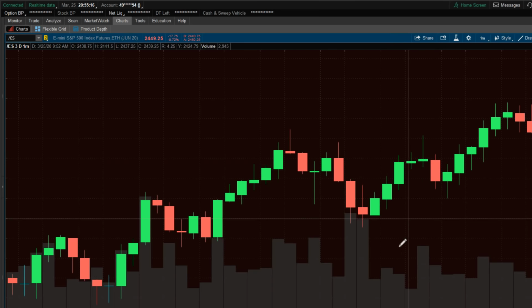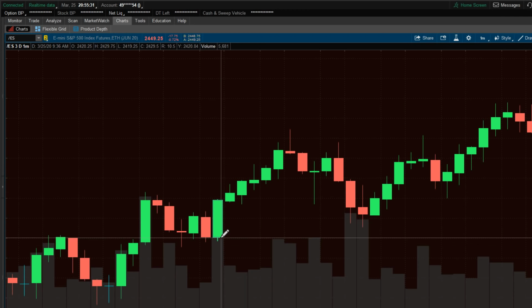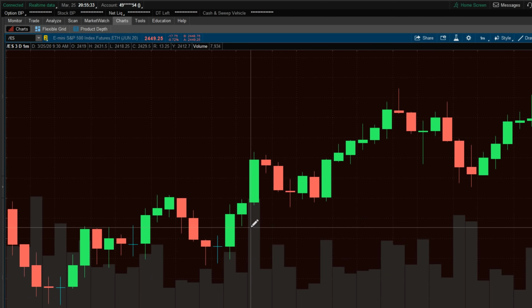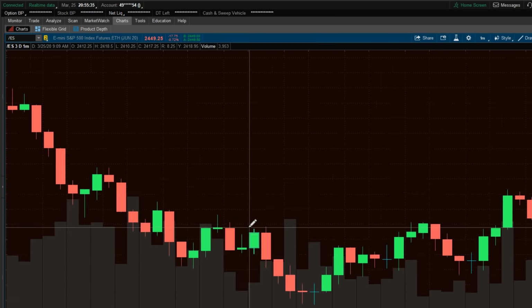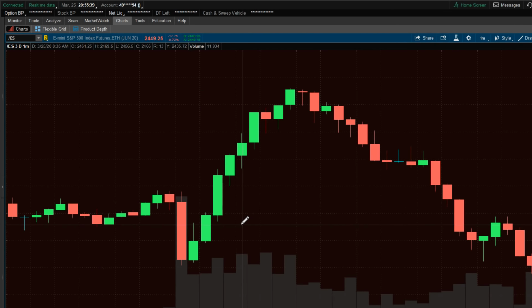All right, the next one here is what is referred to as three white soldiers or three black crows. And this may be a little bit hard to find, but I'm going to try. Here we go.